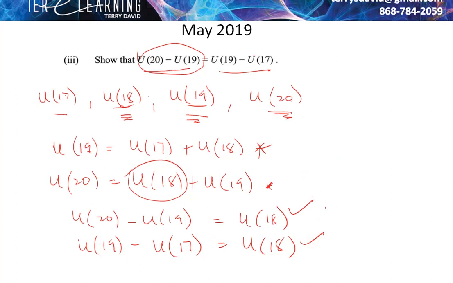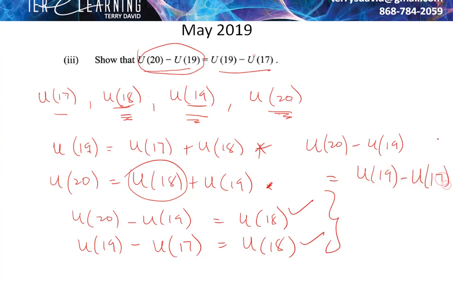So therefore, based on these two facts, we can say that U20 minus U19 is equal to U19 minus U17, which is exactly what they told us to prove, right? So the last part is not that difficult, right? It's just students would have been unfamiliar with it.